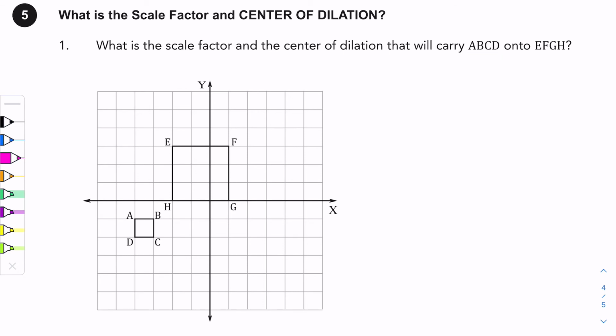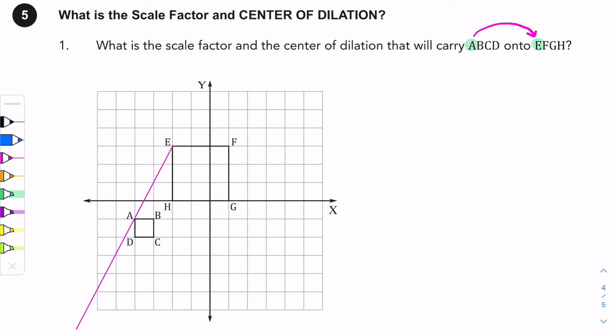And that's completely okay because you should know that the first letter of each figure corresponds to one another. So point A corresponds to point E. If I connect point A and E and I just continue a line through them, I'm just going to do that for all points and I'm going to see where they meet. And then let's check the slope and see if the slopes work out.